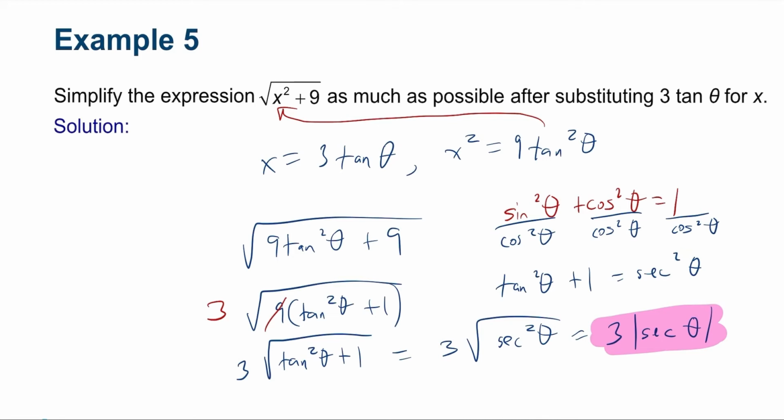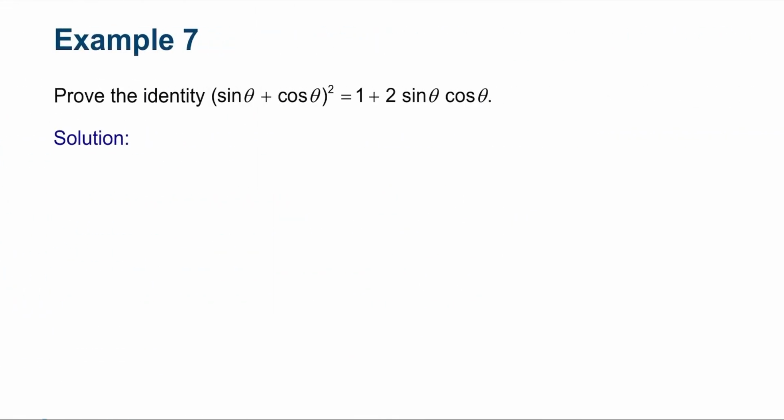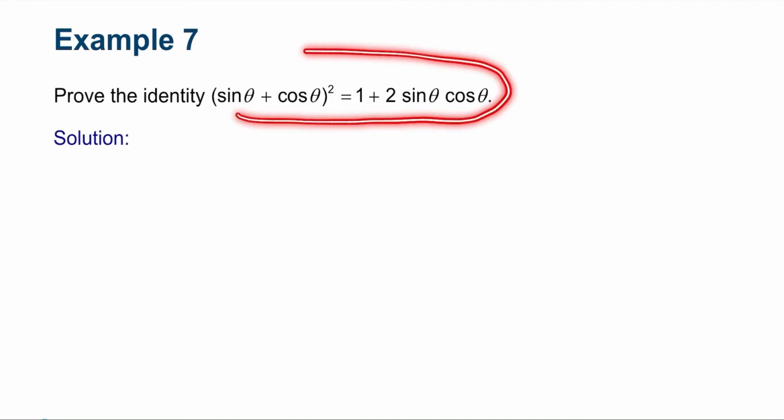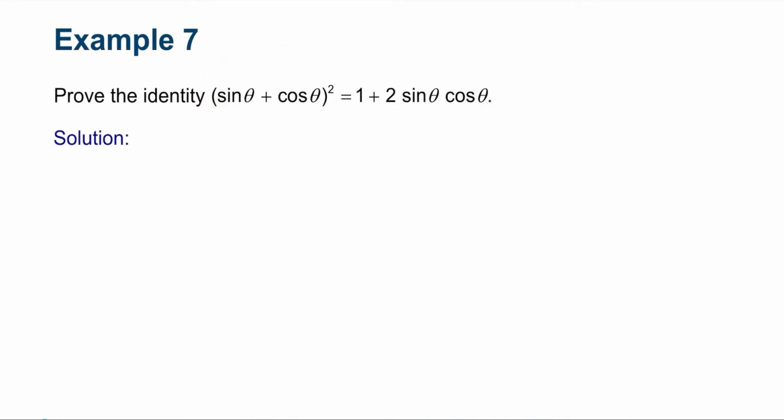All right, as for the next problem, we need to prove this identity. So usually when you have an identity that you need to prove or verify, you always want to focus on one side and make that one side look like the other side. In this case, I'm going to make the left side look like the right side. So I'm going to start off by saying the left-hand side is equal to sine theta plus cosine theta to the second power, which means you write that twice.